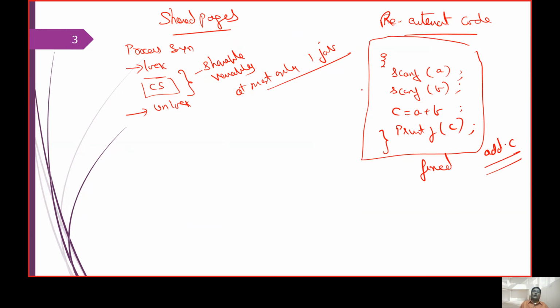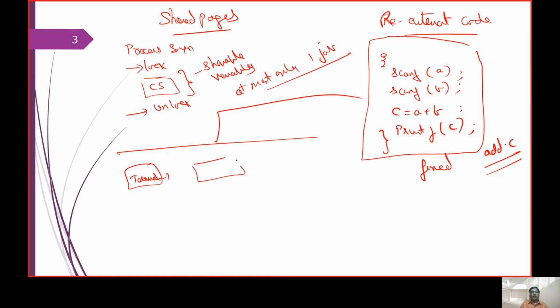Now I am moving this code to three terminals: terminal 1, terminal 2, and terminal 3.